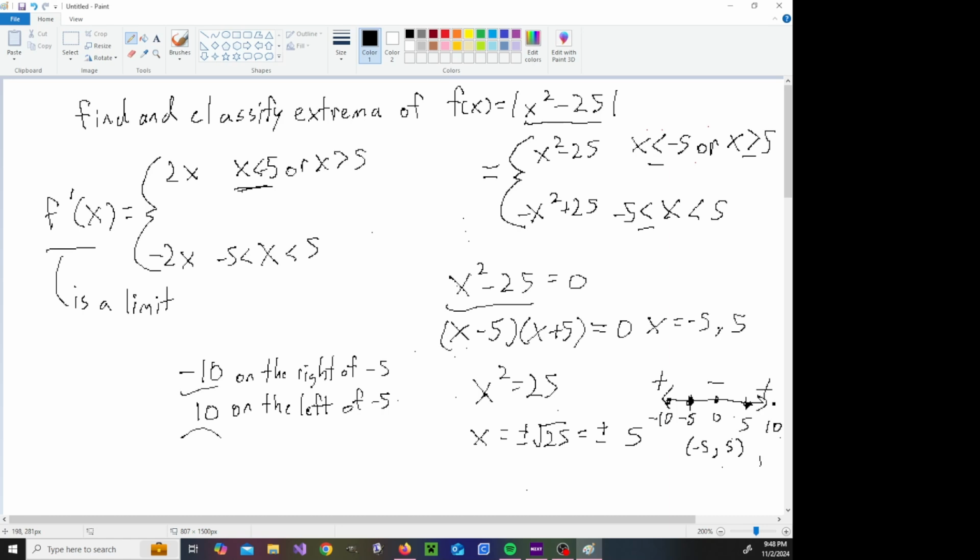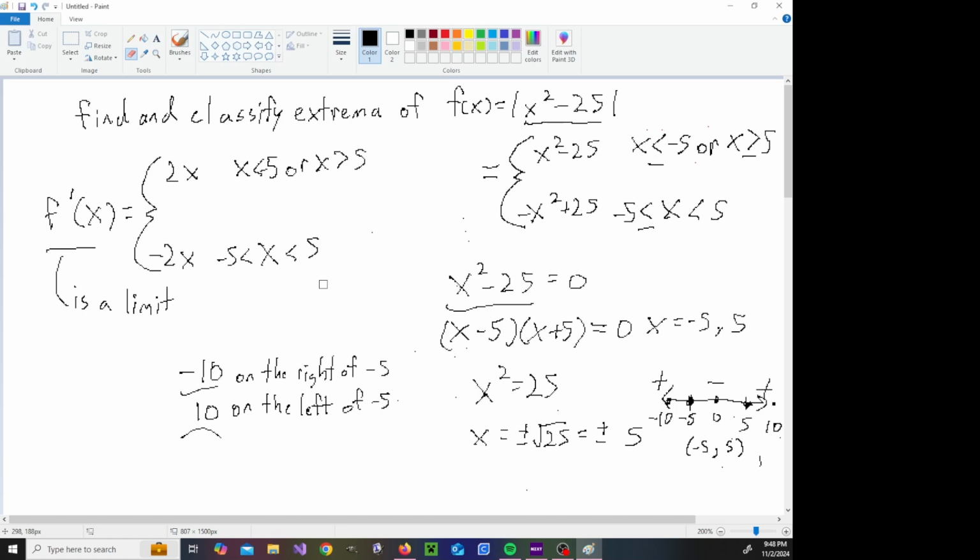So because they don't agree, my two-sided limit does not exist, which means I don't get to say or equal to on either part. And the same happens, right, for positive 5 as well. For positive 5 on the left, I would be negative 10.